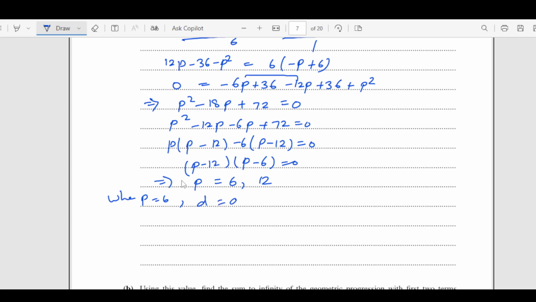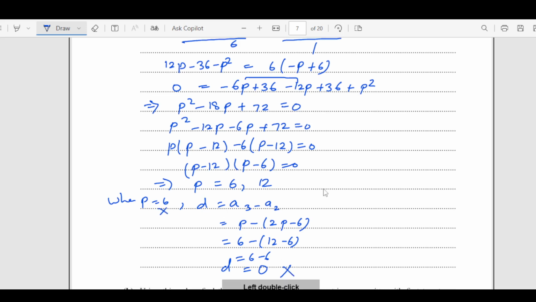I'm taking the last terms, a3 minus a2, you can take any of these, but I'm taking the easy one here. We had p minus 2p minus 6, right? If p is 6, then this is 12 minus 6, which is 6 minus 6, it is 0. But we are given that the common difference is not 0, so p cannot be 6, right? So that means our value of p is equal to 12, the only value.